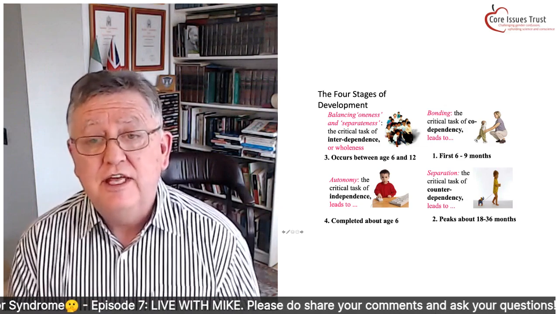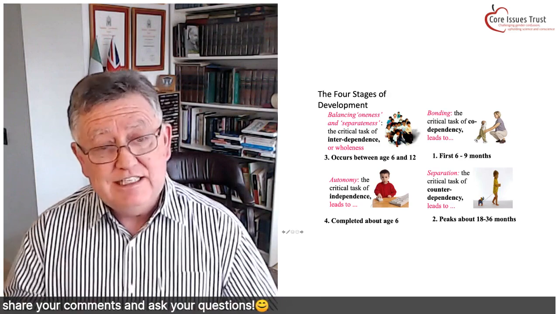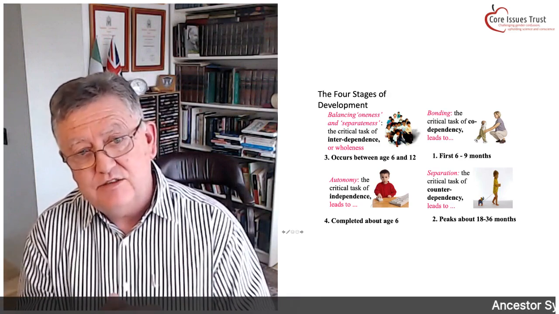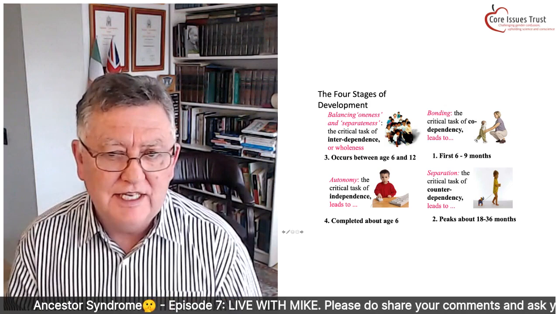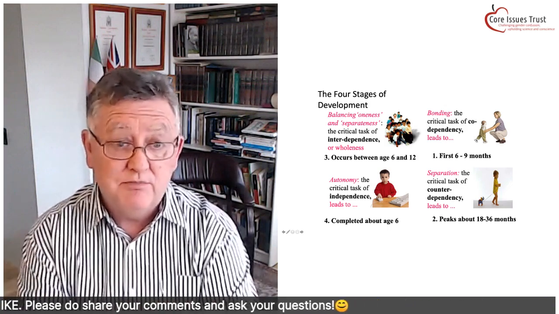And then going on as he grows into youth, certainly between the ages of 6 and 12, he's balancing oneness and separateness. He's wanting to be a part of his family, but he's also wanting to have his own unique identity. So he's moving towards separateness.